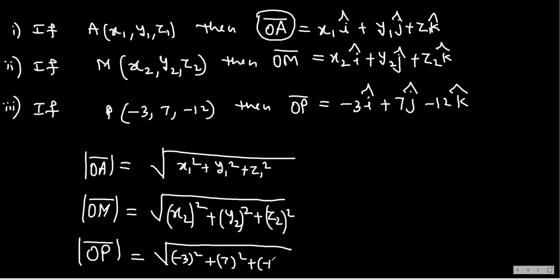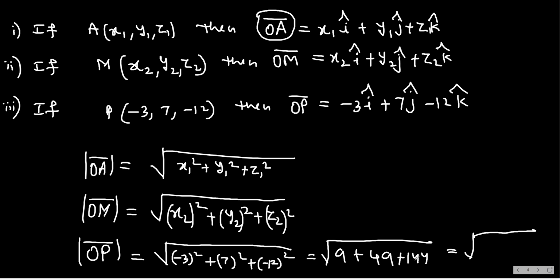That is equal to square root of 9 plus 49 plus 144. That is equal to square root of, this is 58 and this is 144. So 144 plus 58, 202. Square root of 202 units is the magnitude here.